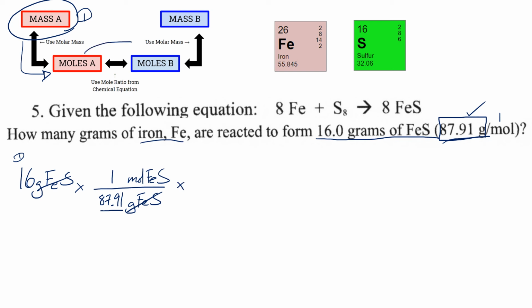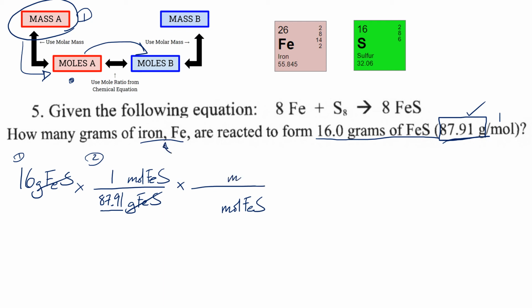So now I get to do this step. I'm now at number 2. I'm at moles, and now I want to skip over to the moles of the other chemical. To get to the moles of the other chemical, let's get out of moles of iron sulfide, and it wants us to get into moles of iron.